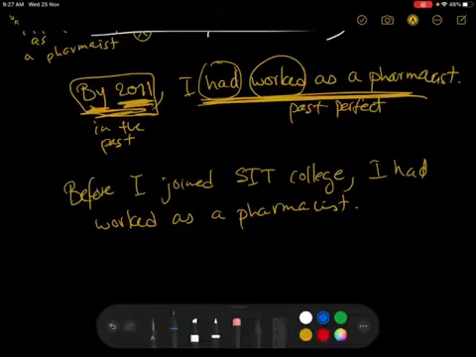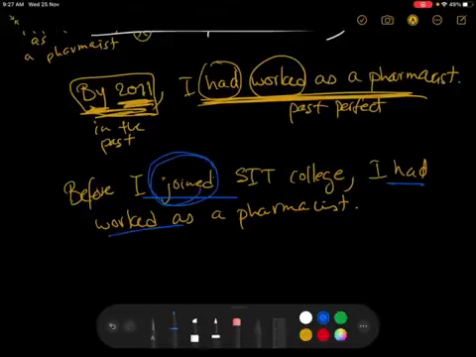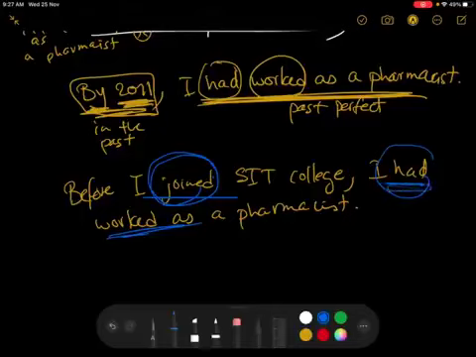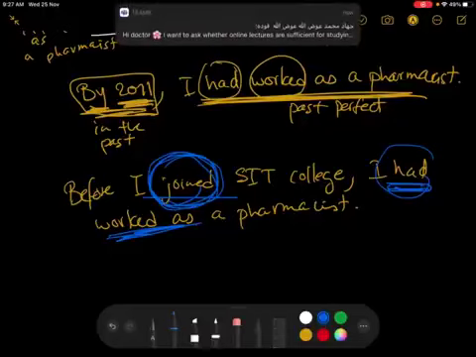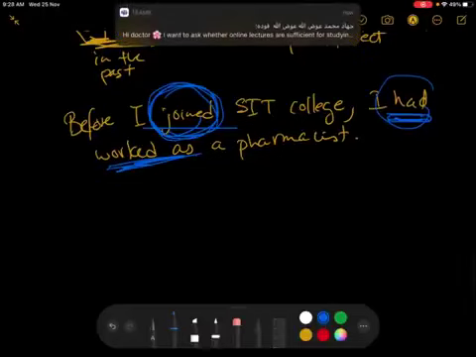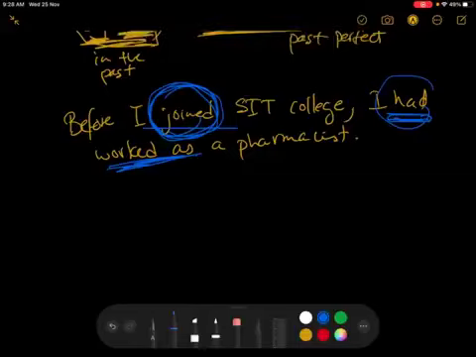It means that there were two actions in the past. One of them happened before the other. The first thing, I joined SIT college. After that, I had worked. The first action here was working as a pharmacist, and I finished this action before I started the action of joining SIT college. Okay.